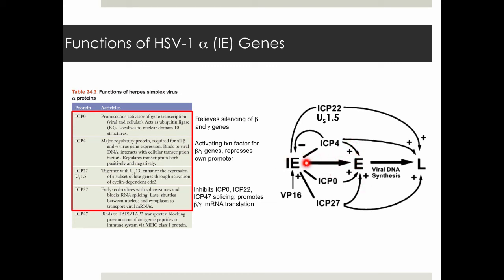So immediate early genes stimulate the production of early genes, and ICP4 also has a negative feedback loop which will block production of those immediate early genes after enough of them have been made to go to the early genes. So this is that process. I wouldn't bother about ICP22, wouldn't bother about ICP27. We've talked a lot about VP16. Now we've talked about ICP0 and ICP4.